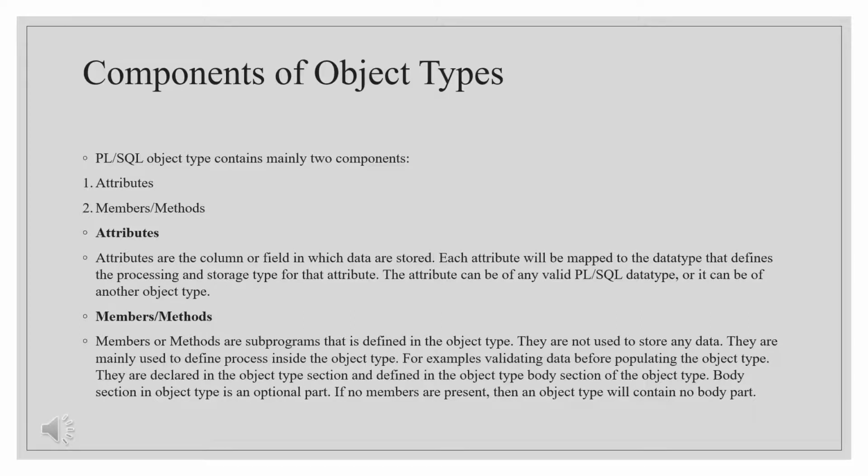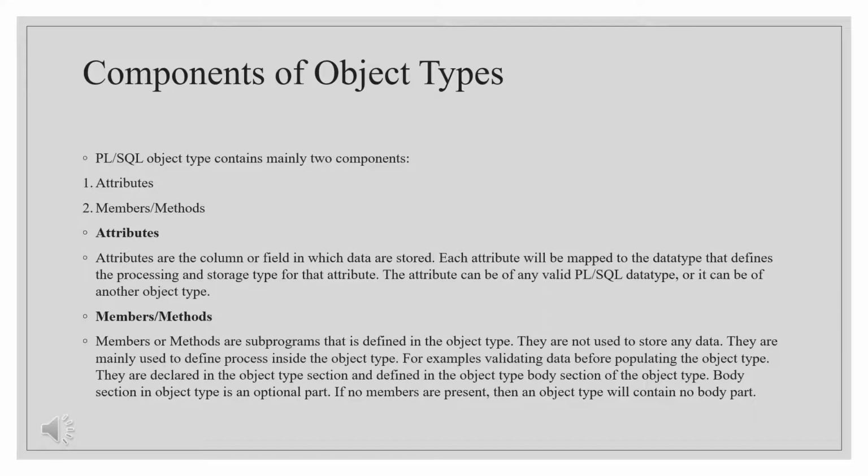Suppose we are working on an attribute called ID, then the ID will have the data type of varchar or maybe integer too. If you are working with name, then it surely will be varchar. So in this way, every attribute has its own data type stored inside the metadata of that object type. The attributes can be any valid PL/SQL data type.